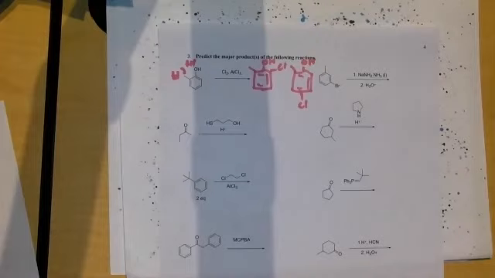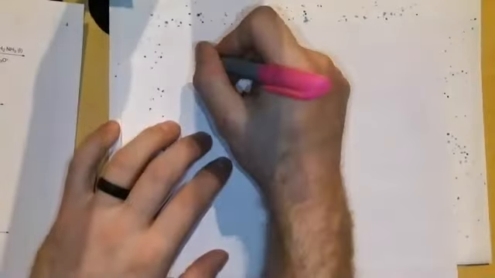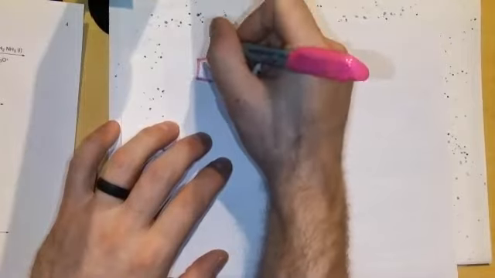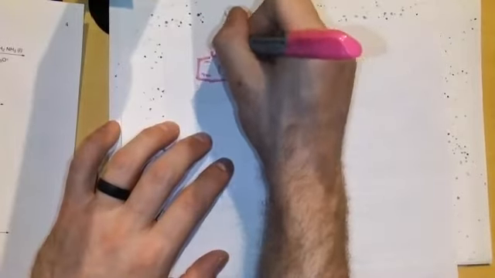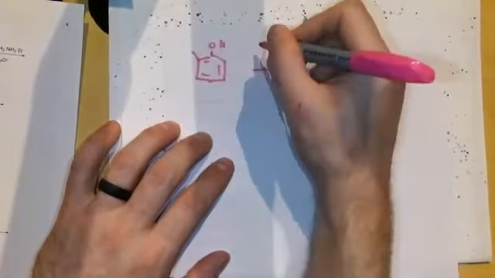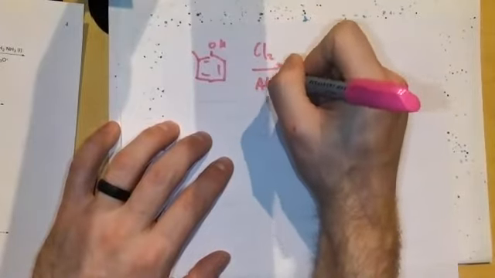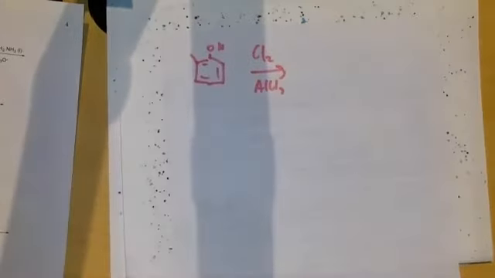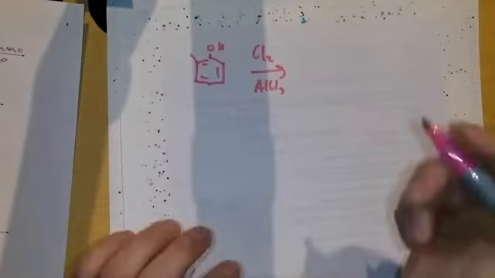So in general, if something is pretty small, like this OH here, and we're adding in Cl2, AlCl3, this is going to end up adding to both ortho and para.